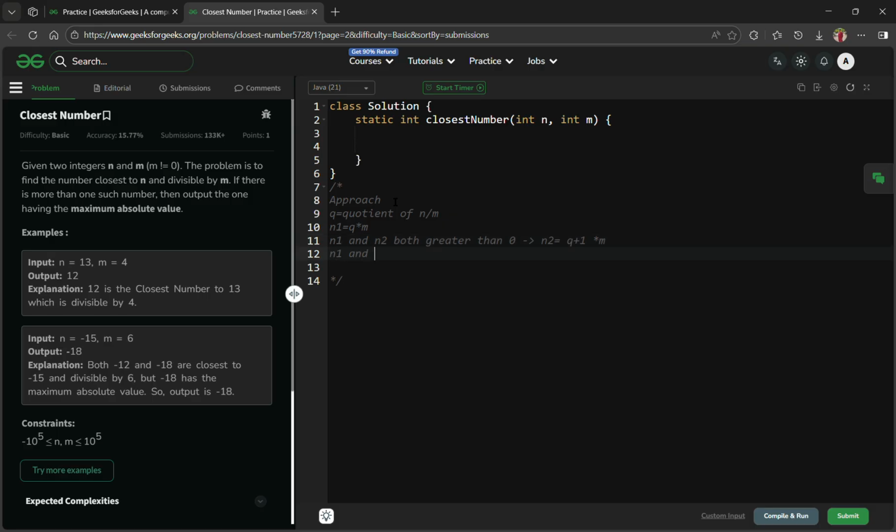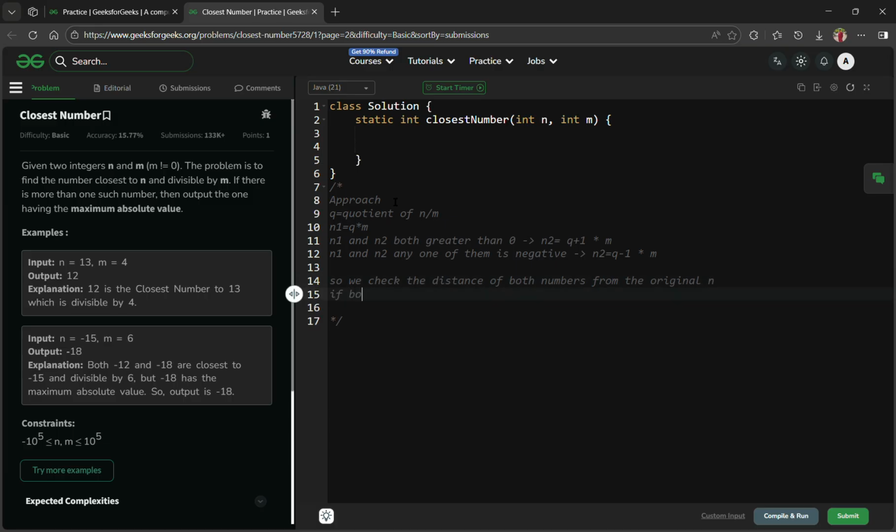If n1 and n2, any one of them is negative, then obviously the second number is going to become q minus 1, because we need to achieve the maximum absolute value by going to the before multiple. So we check the distance of the numbers from the original n.